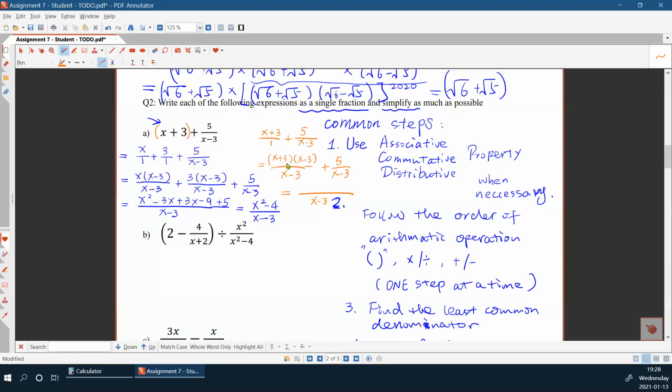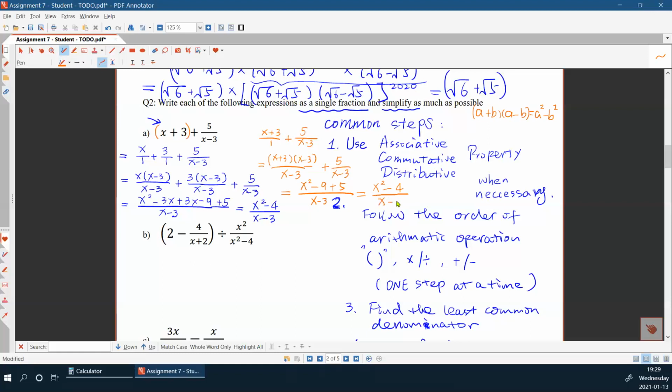First term, you can see the formula again here, right? A plus b times a minus b, which is a squared minus b squared, right? So the result here is x squared minus 9 plus 5, right? Okay, minus 9 plus 5 is x squared minus 4.